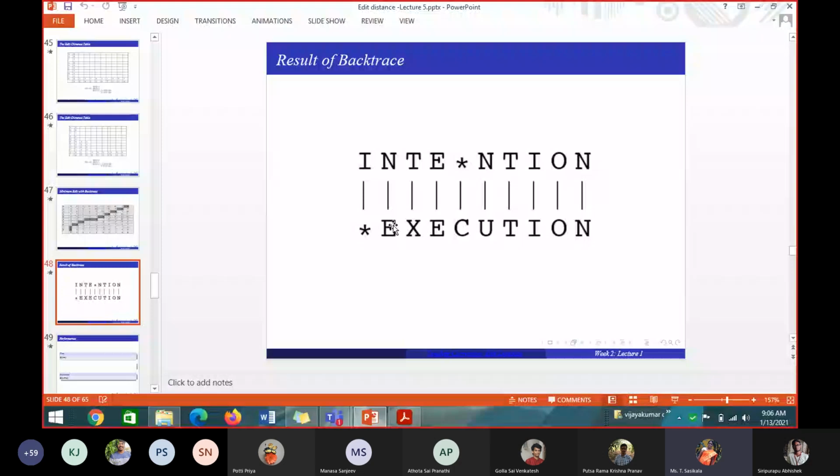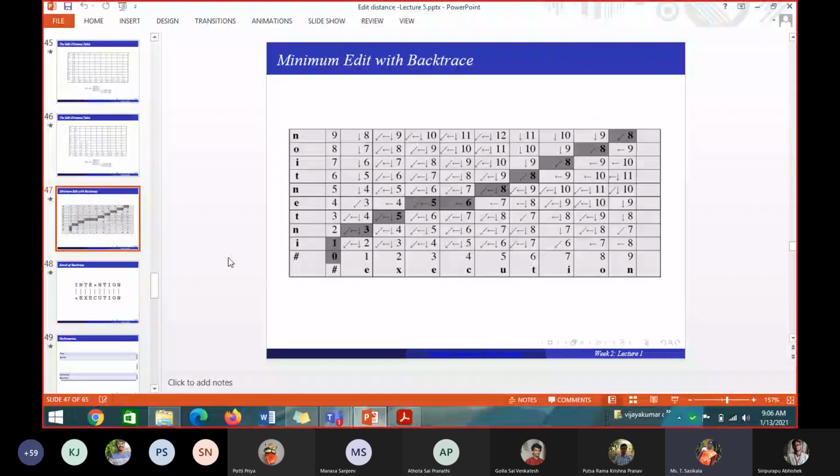Don't write anything from this table. For I, what is the box highlighted? For I in the input string, what is the output string I am getting here?